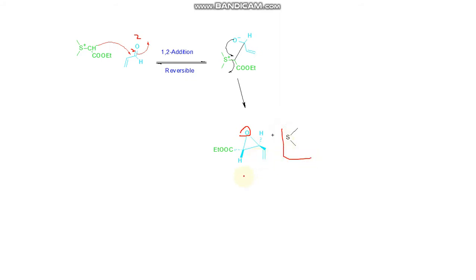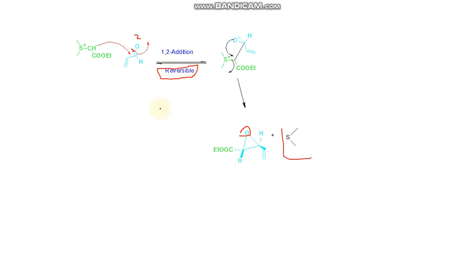Now the epoxide forms when we are targeting the kinetically controlled product, like 1,2 addition. Now why is it not the major product? Why is it the minor product? That we have to think about. Since the 1,2 addition step is reversible, this is the main cause why 1,2 addition is not happening.